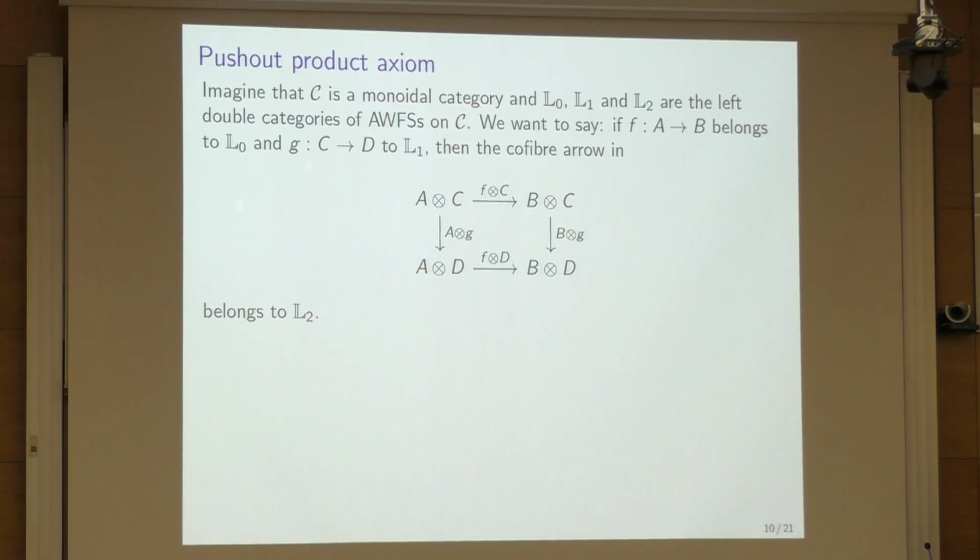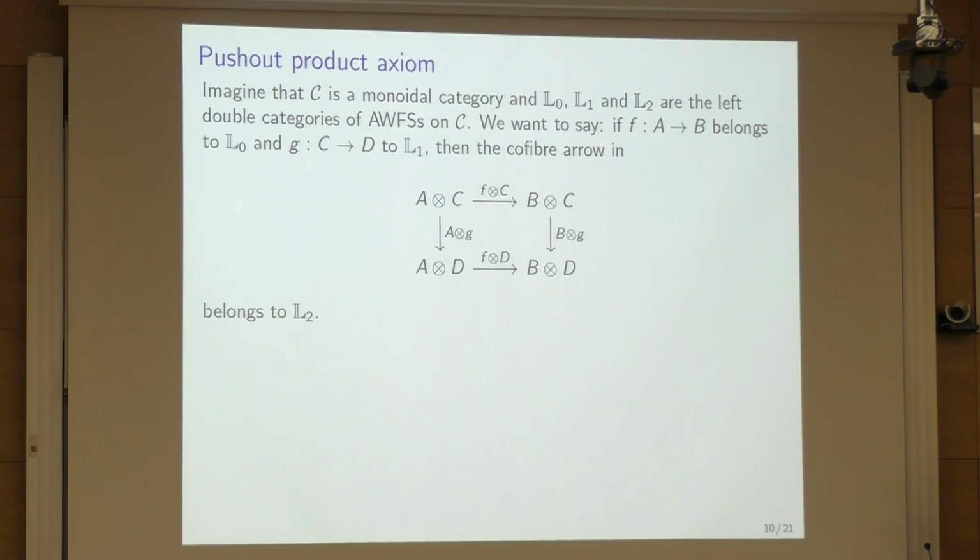So let's think about monoidal algebraic weak factorization systems for a moment. This is something that I've been looking at also with John Berg. Usually, the definition of monoidal model structure involves squares like this. You imagine that the category you're looking at is a monoidal category.